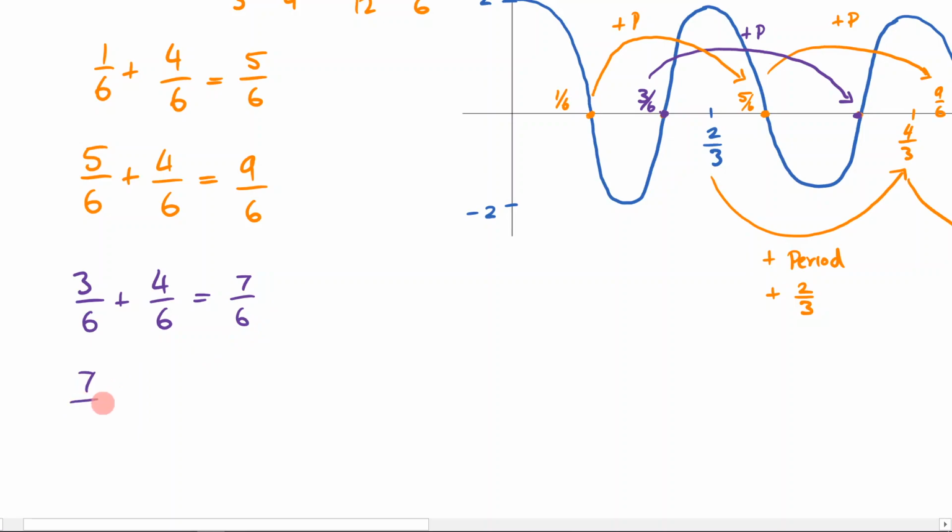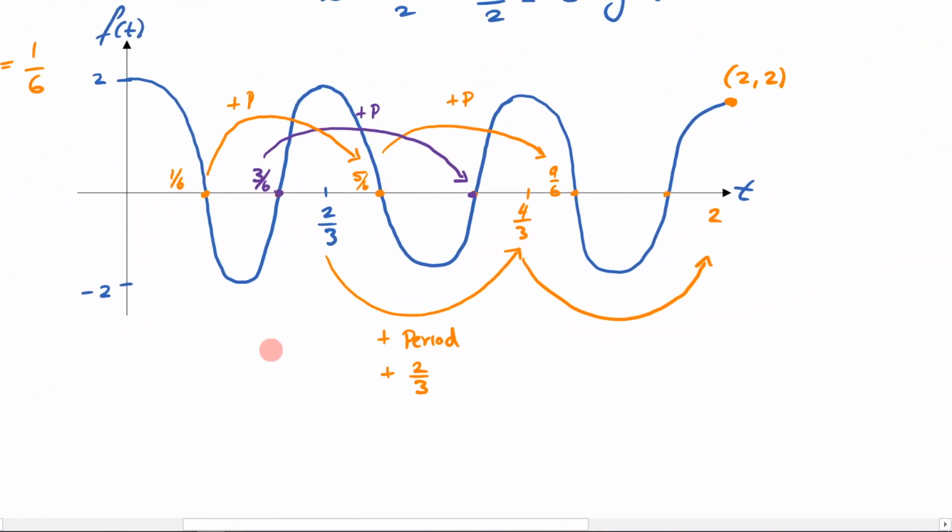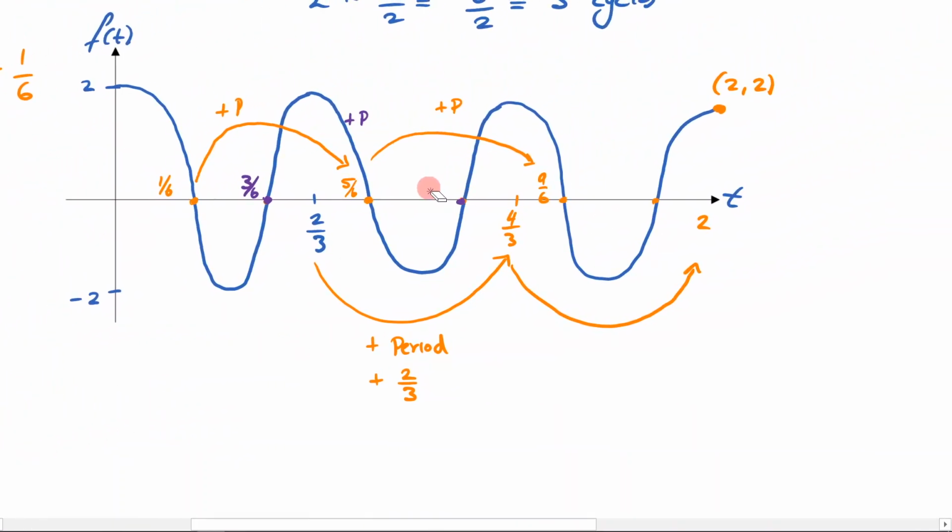Then I take that 7 on 6 and add a period onto it again, and that's going to give me 11 on 6. So this here is going to be 7 on 6. I added that, and then we do it again. This is going to be 11 on 6.